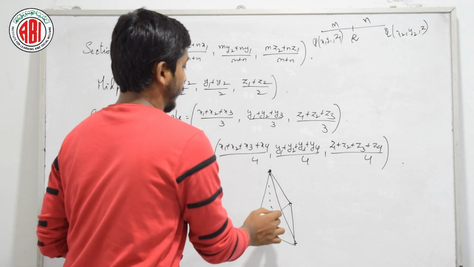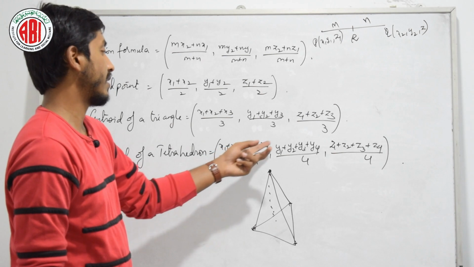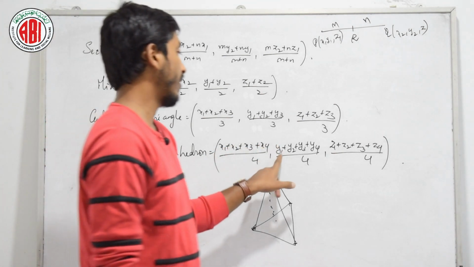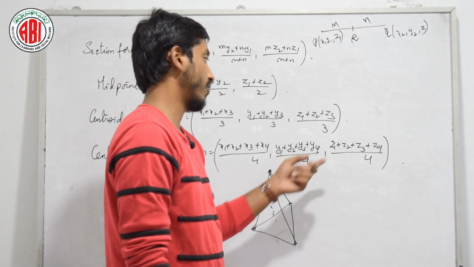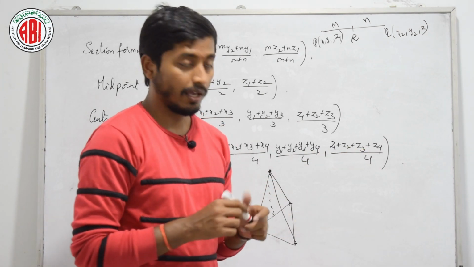That centroid is (x1 plus x2 plus x3 plus x4) by 4, (y1 plus y2 plus y3 plus y4) by 4, (z1 plus z2 plus z3 plus z4) by 4, okay.